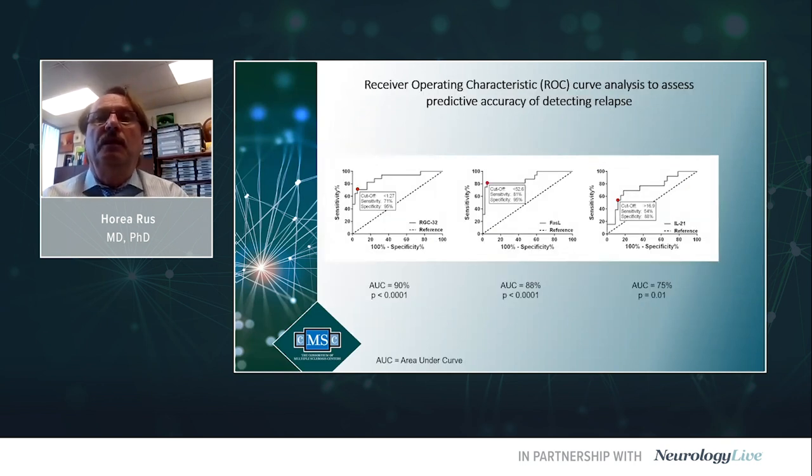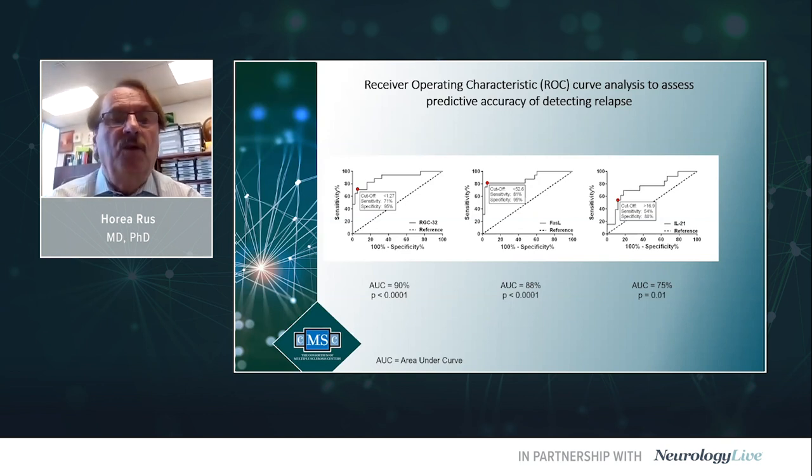To investigate the predictive accuracy of these three biomarkers in detecting relapses, we used ROC curves, and we were able to show that there's high statistical significance in predicting relapses from RGC32, from Fas ligand, and from IL-21.